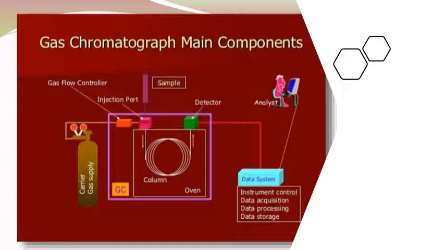We all know there are different shapes of column. Mostly used is the coiled, for the large column. A U-shaped column can also be used, that is the medium column, and the straight column, that is the small column. And the detectors, the various detectors we have talked about, on which principle they work, and the recording unit. So this is how it goes on recording the analysis.